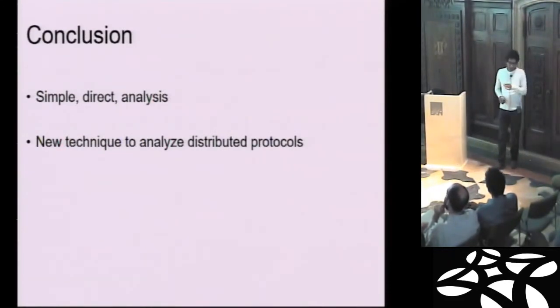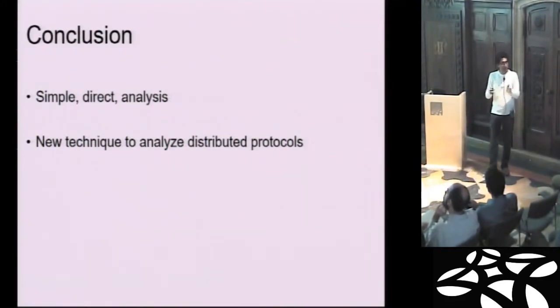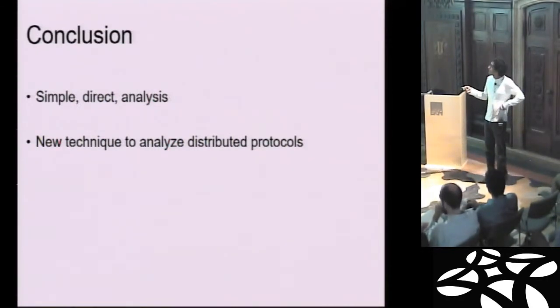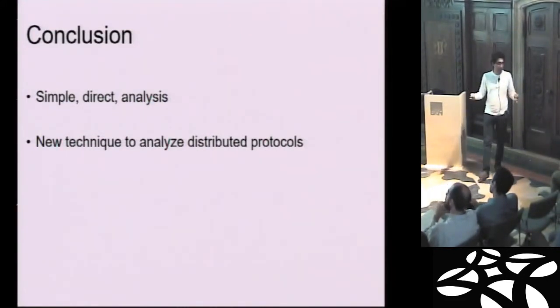So the conclusion is basically we considered this problem of analyzing the so-called flip chain, how quickly it converges, and we gave a simple and more direct analysis instead of going through the usual Markov chain comparison type arguments.